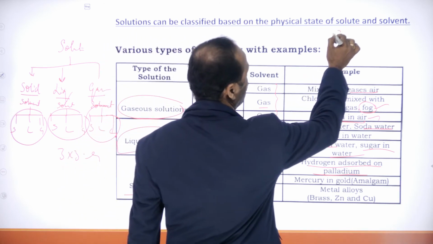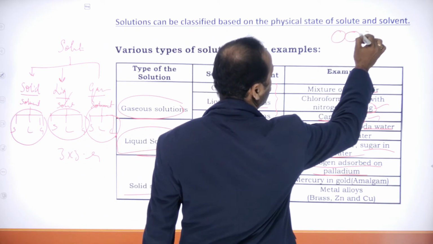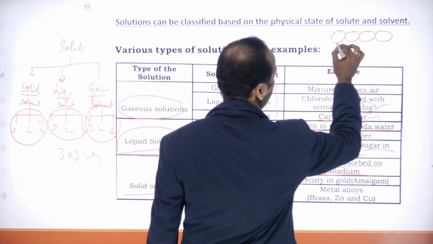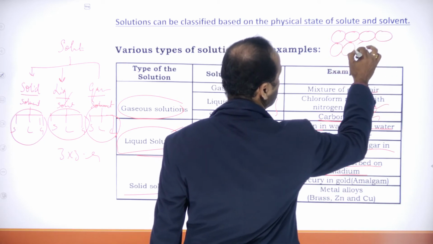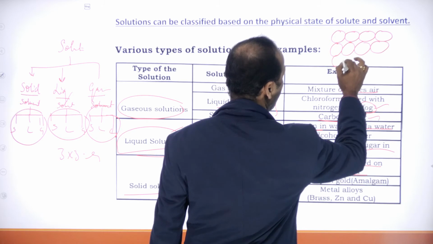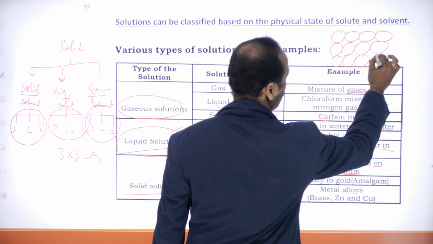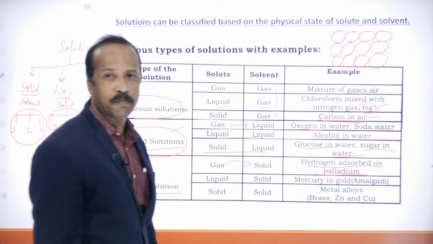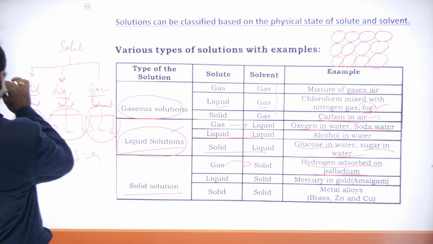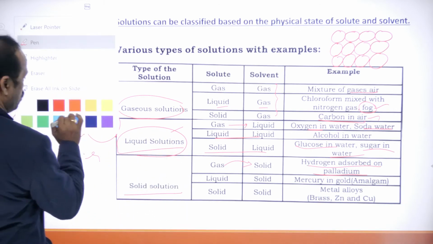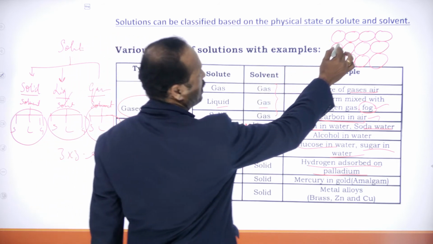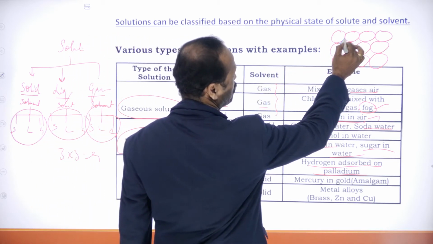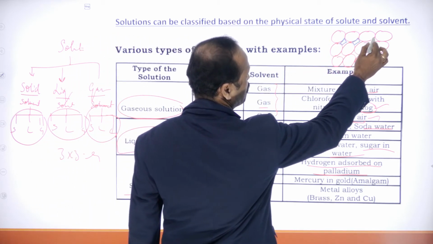I can draw: if you take some palladium, the atoms will be there like this. When these palladium atoms are closely packed, you observe there are some gaps here, right.